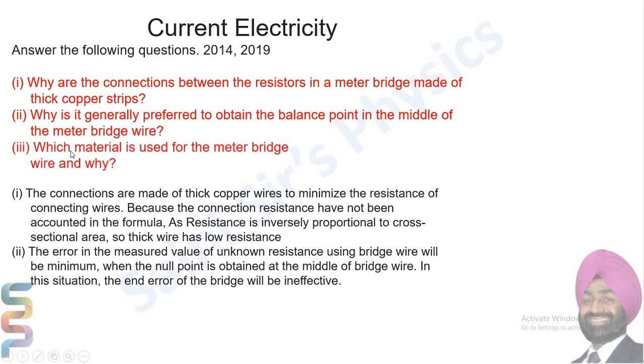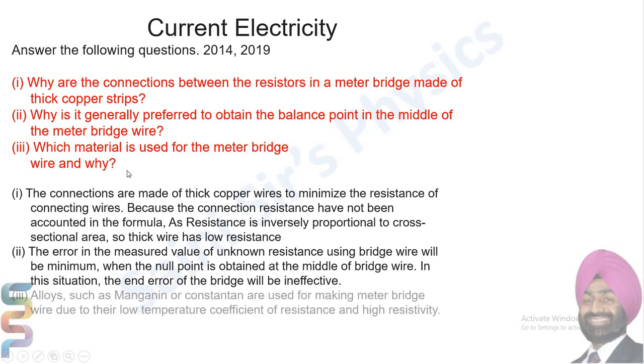Okay, last part, which material is used for meter bridge wire and why? I told you, you must have P and Q resistances which we are getting from 1 meter length of the meter bridge wire. So the wire should be manganese, or another name told was Constantan. Reason being their temperature coefficient is very low.